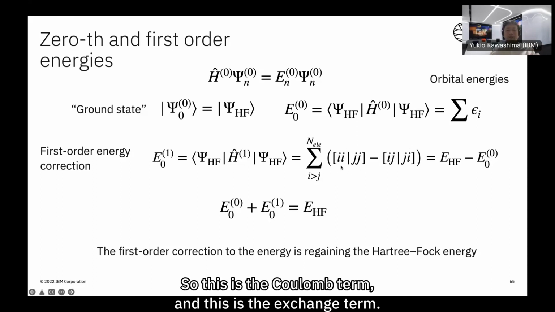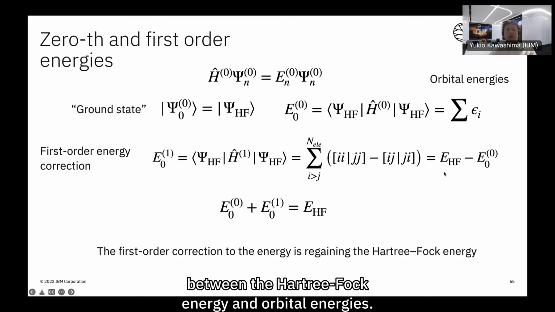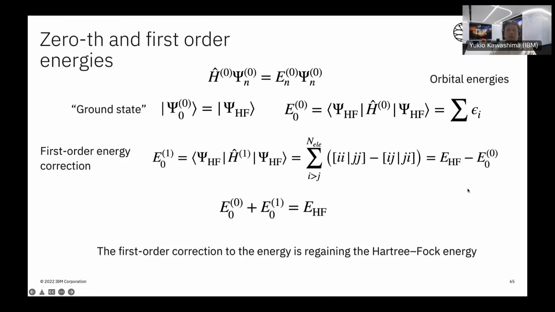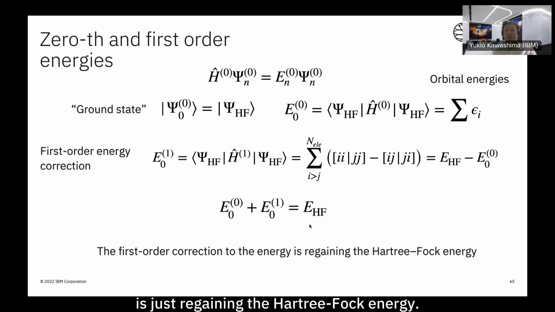This is the Coulomb term, and this is the exchange term. And this is actually the difference between the Hartree-Fock energy and the orbital energies. So what this means is that the zeroth order energy and the first order correction add up to Hartree-Fock. So the first order correction to the energy is just regaining the Hartree-Fock energy.